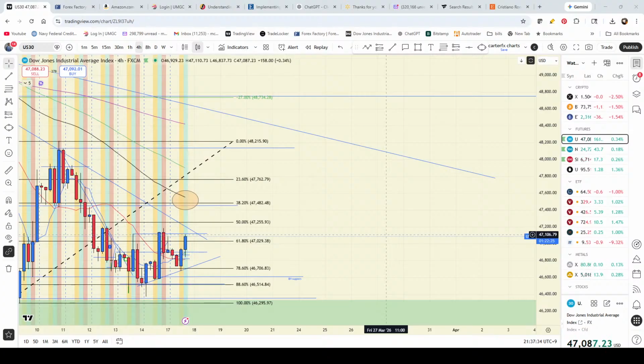Man, hopefully when I get a bigger account, I'll put bigger sizes, and my whole trading plan is going to change from then. Because if I had a bigger account, 10 grand, 20 grand account, I'd probably be out of this trade right now. Like, yeah, that little move is good enough for me. But you know, you never know, man. You've got to work one strategy at a time.